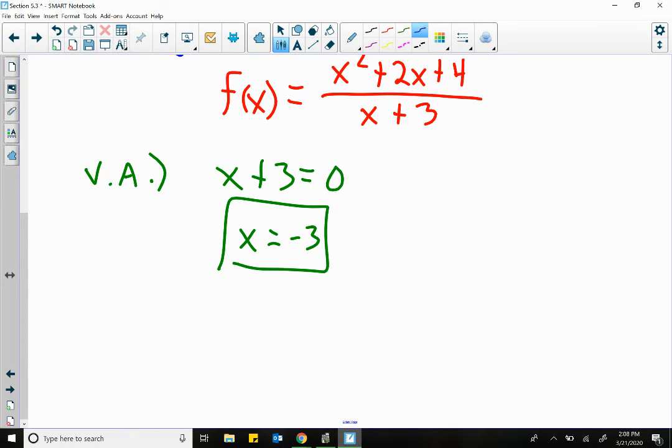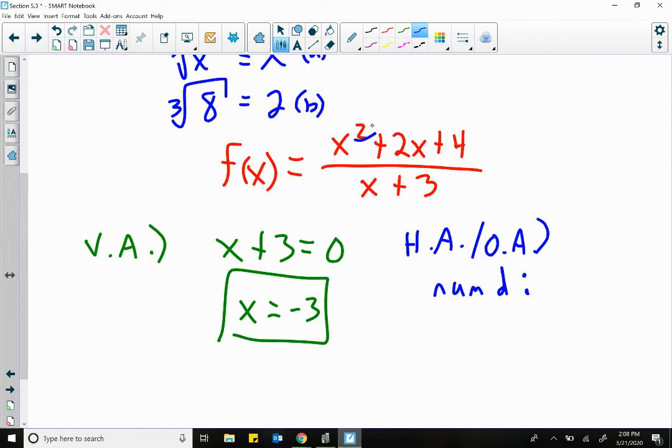And then to do the horizontal or oblique, we have to look at the degrees. So what is the numerator degree? It is the highest power, which is 2. What is the denominator degree?